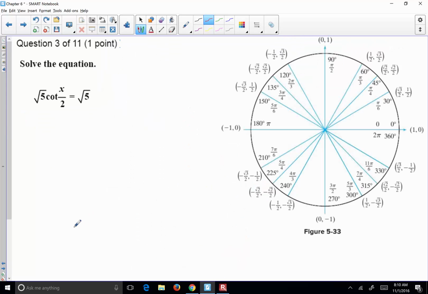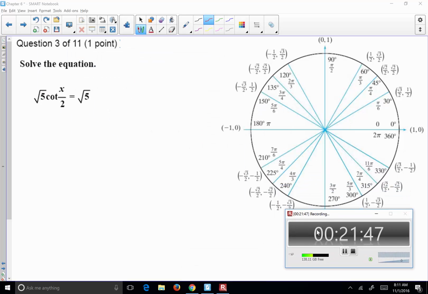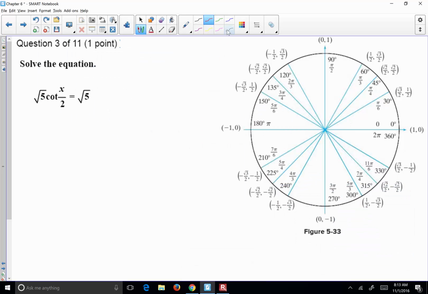Alright, how about this? I'll give you a couple minutes. Any values you found?